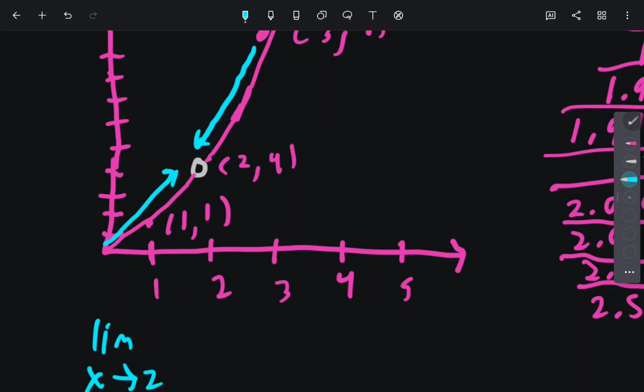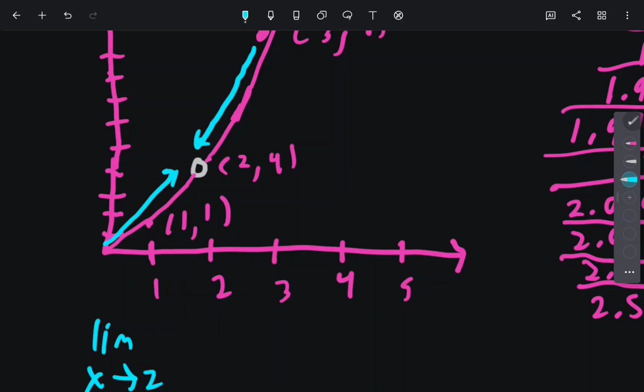Well, 1.9 squared is going to be like, I don't know, a number. Give me one moment. At 1.9, f of x is equal to like 3.61.